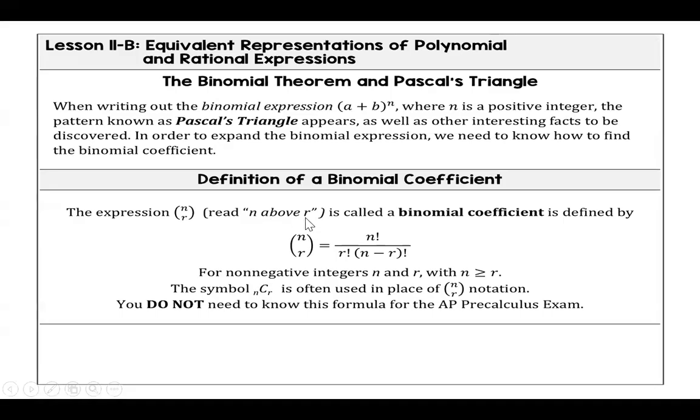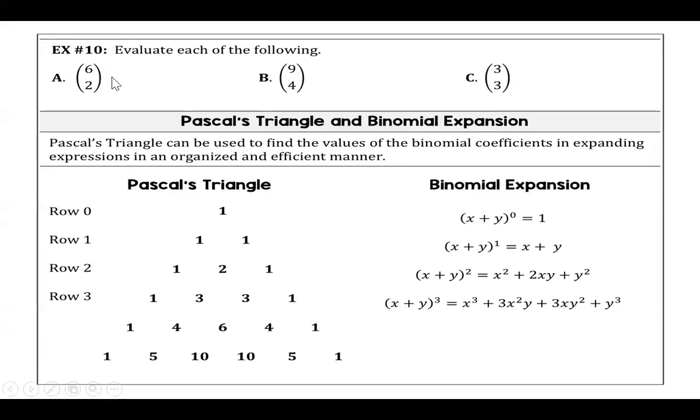When I read this, what it's telling me is I'm going to write this in expanded form. So this equals your n, which is 6, so 6 factorial over 2 factorial, times their difference factorial. The difference between 6 and 2 is 4, so 4 factorial.